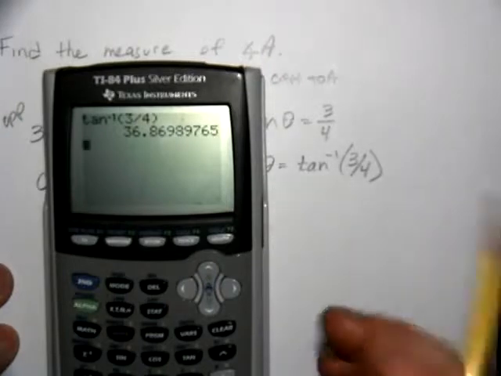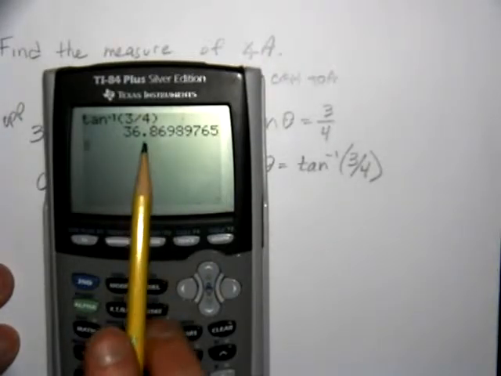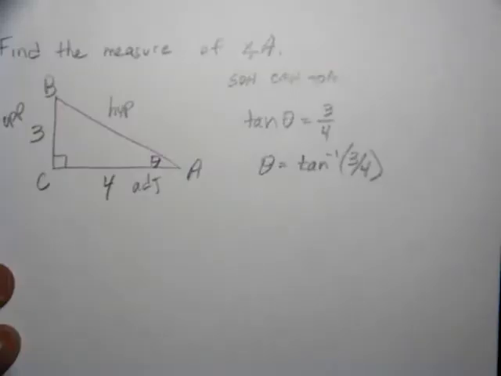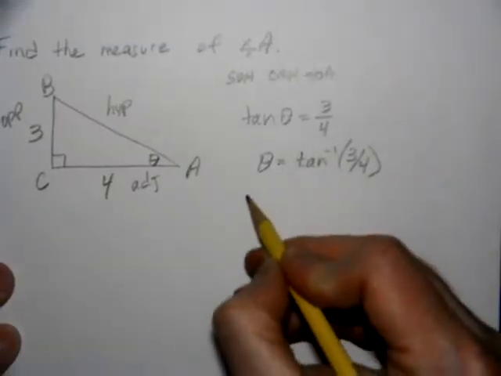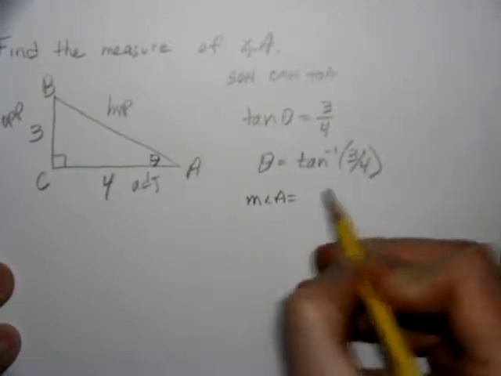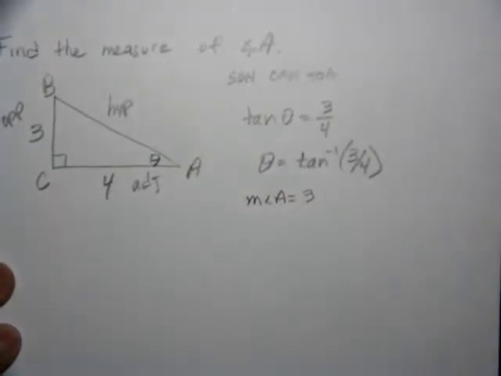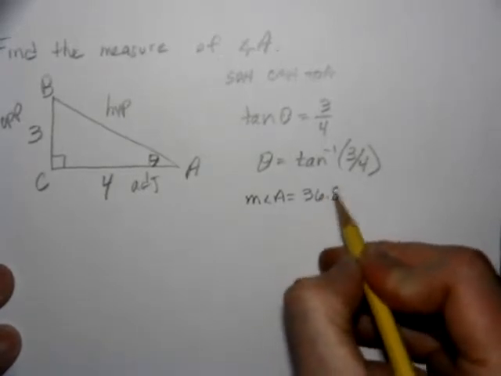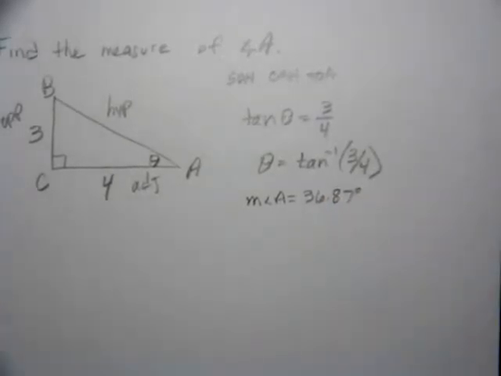So we know that we're going to be 36.87 degrees. The measure of angle A equals 36.87 degrees.